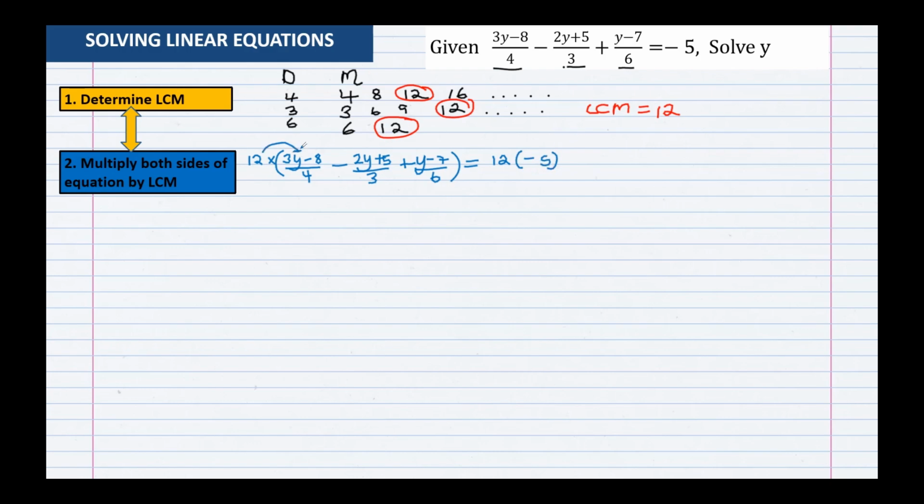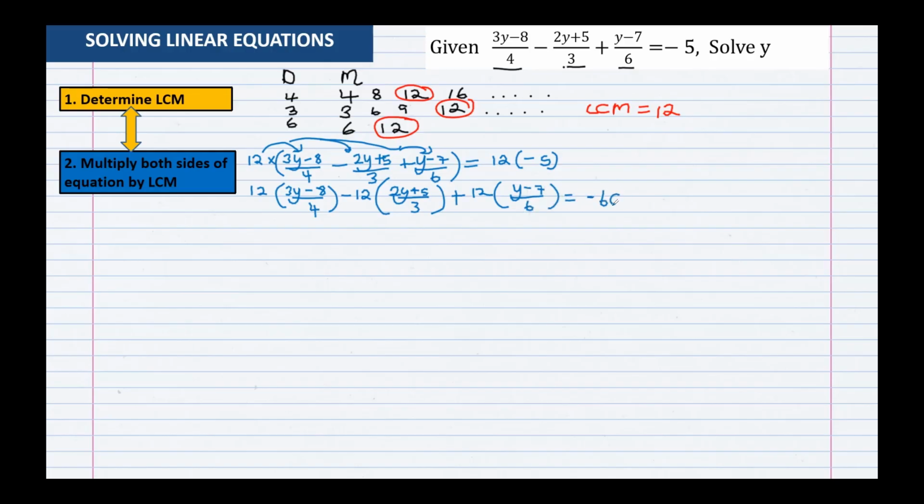We multiply the 12 inside, so it's 12 times (3y − 8)/4, minus 12 times (2y + 5)/3, and the same here, positive 12 times (y − 7)/6, and this is just going to be −60.